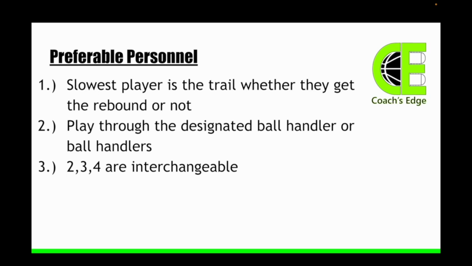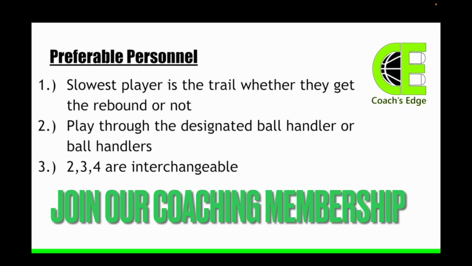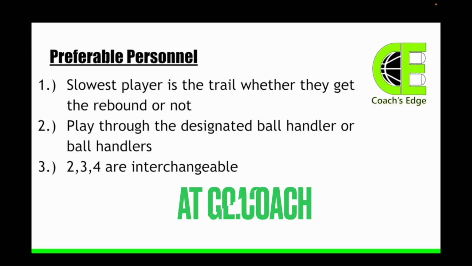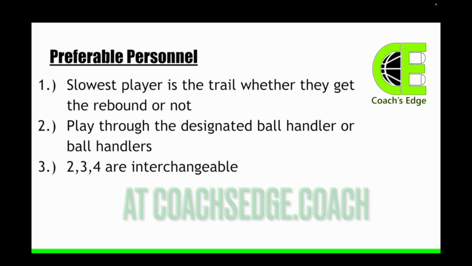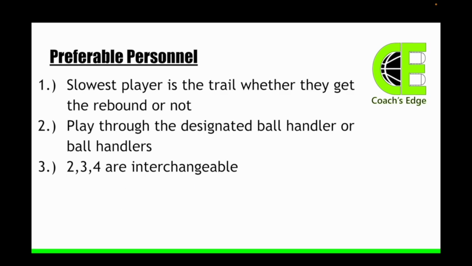Whether you're running up the right or the left, or you're at the 45 or the opposite 45, those are interchangeable. And how we ran it, all 5 players are interchangeable. But this is the preferred personnel if you were in more of a traditional team and you had one slower player and 1 ball handler. But you gotta make it fit the makeup and the personnel that your team has.